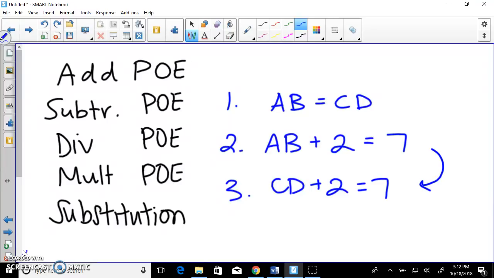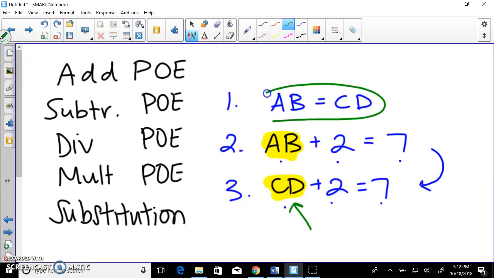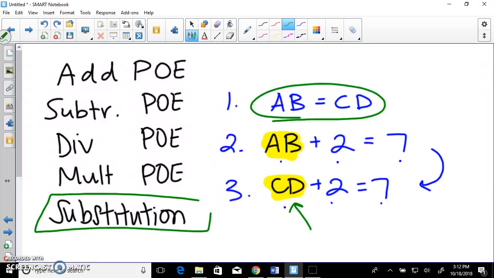Well, let's look at what changed. I had AB plus 2 equals 7. CD plus 2 equals 7. So what changed was AB became CD. So what property would allow me to say that I can replace AB with CD because I know that they're equal? That's going to be substitution. So that's how we would justify that. And you could say substitution or substitution property of equality, because those two things are equal.